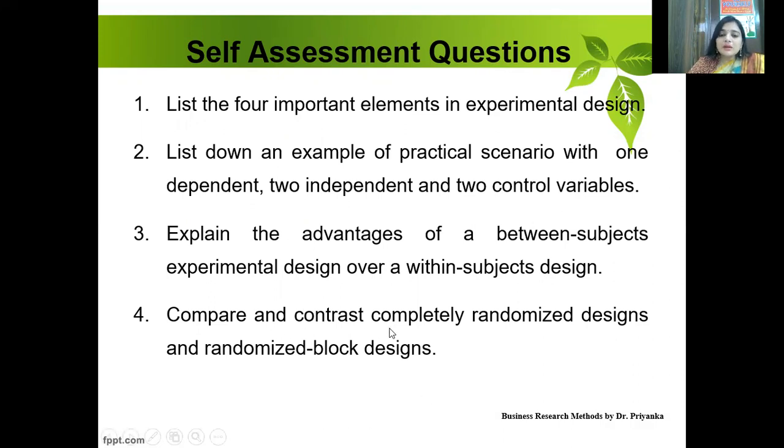Then compare and contrast completely randomized designs and randomized block designs. Both are basically the types of complex experimental designs. Completely randomized design is an experimental design that uses a random process to assign subjects to treatment levels of an experiment variable, whereas randomized block design is an extension of the completely randomized design.